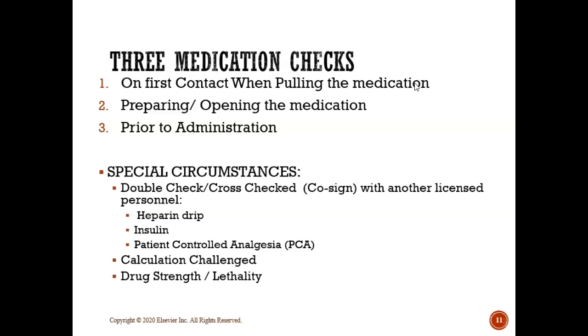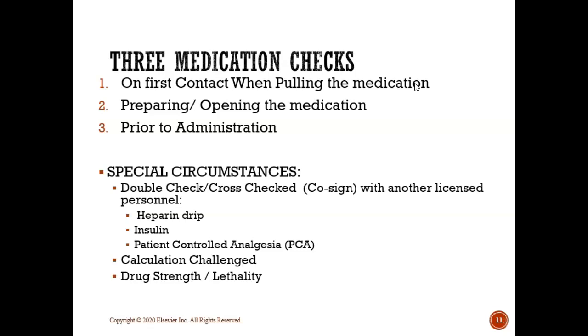Now, there's going to be times when you may need somebody else again to help you figure things out, just like with medication math. So if there's something that's questionable to you, you're doing your MedMath, it's just not making sense, or you're having a hard time trying to figure out the right dose or right rate, then I think it's a good idea to find somebody, just another set of eyes, to see what's going on and maybe do the math with you to make sure that you have it right.